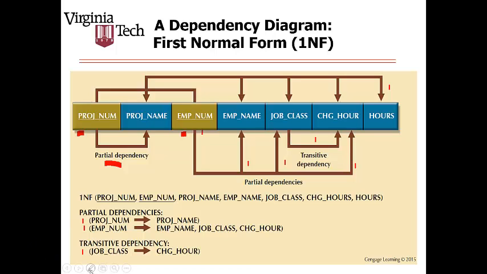And so what we have here is where our key is these two attributes, the project number and the employee number.